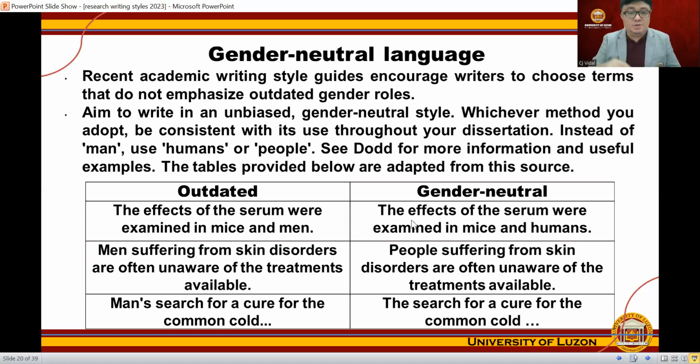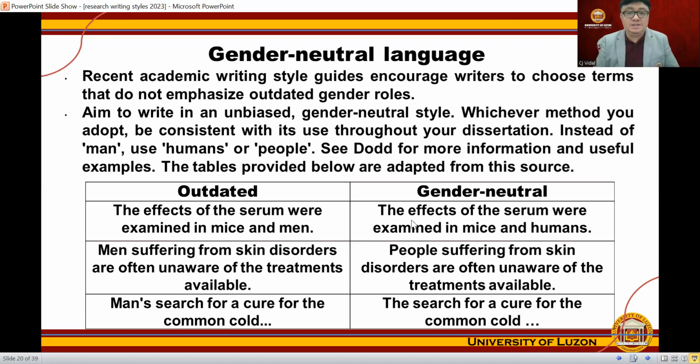So we have the following matrix, taken from the work of Dodd for more information and examples, involving outdated and gender neutral words.